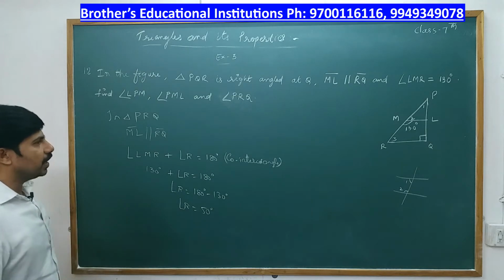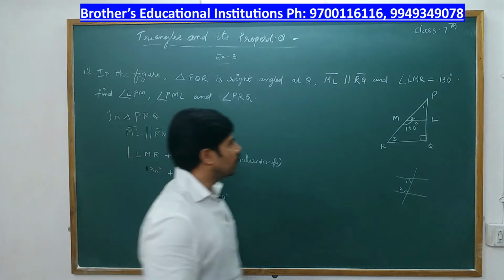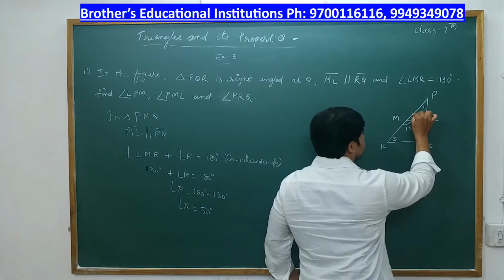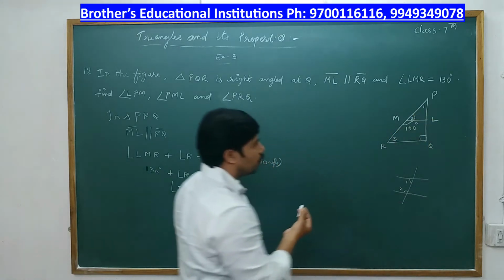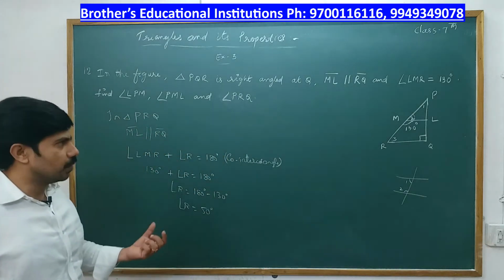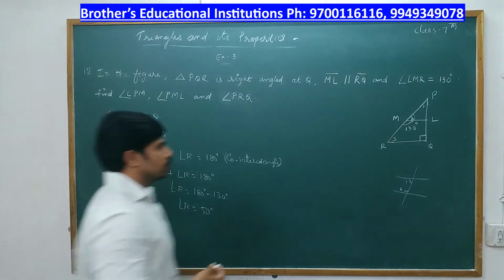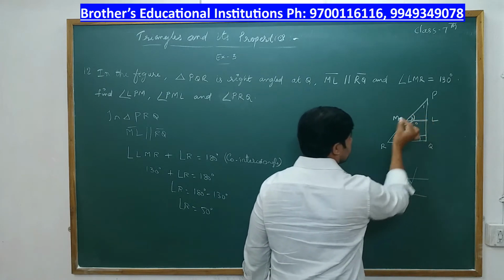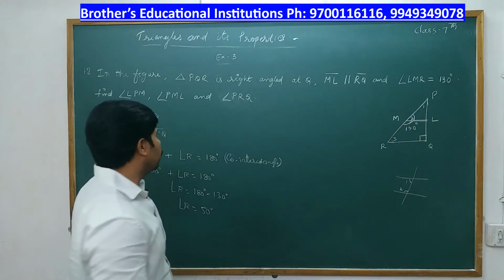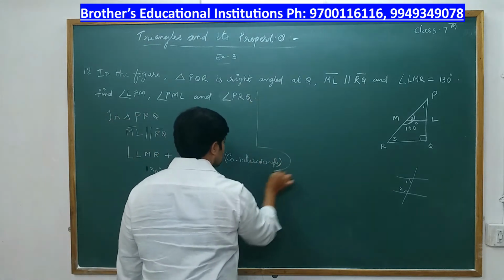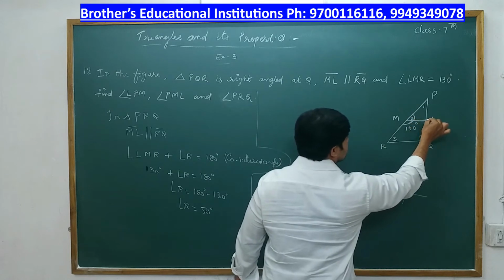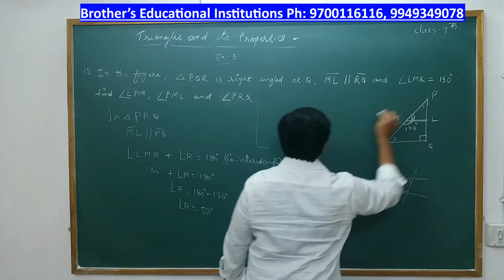Now after this angle R, we can find out this 2 also. It's very simple. PR is a straight line, so angle in a straight line is 180 degrees. That is one reason, or it is also called a linear pair, as this line is dividing the two angles. So now angle 2 is nothing but LMP.